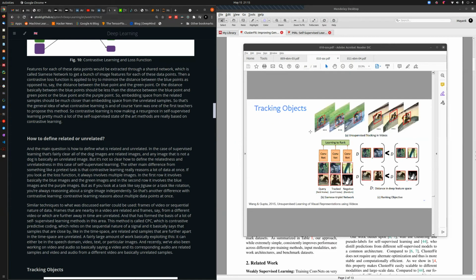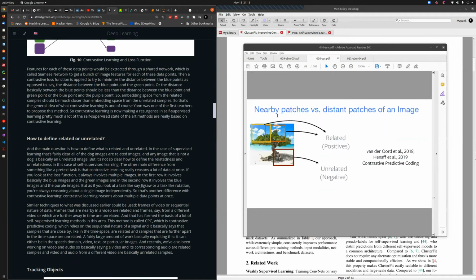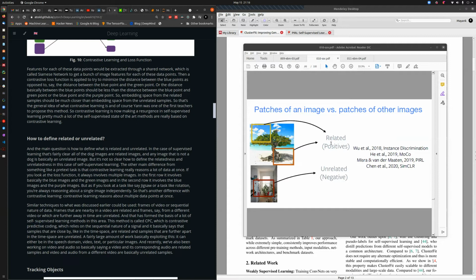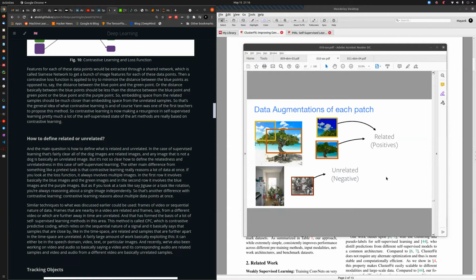This is with respect to tracking objects, nearby patches or distant patches of an object: the related positives and the unrelated. These are the kind of works that have been done here, with the data augmentations that have been applied.